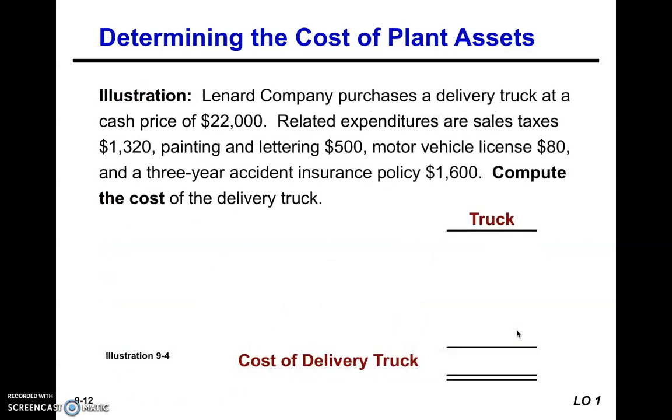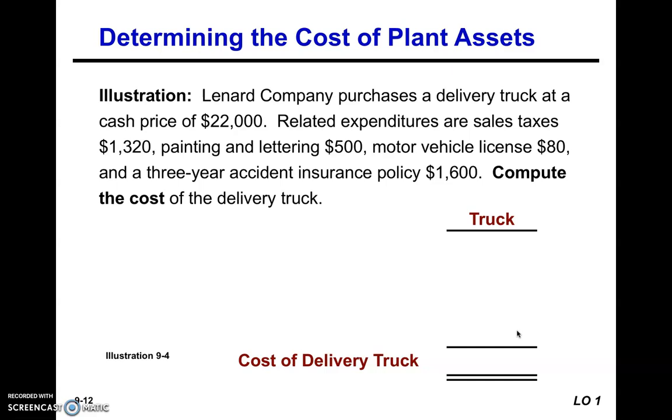Now, let's go over an example. Lennard Company purchases a delivery truck at a cash price of $22,000. Other expenditures are sales tax, printing and lettering to put the logo on that equipment, and then the license fee, which should not be included in the cost of the equipment.